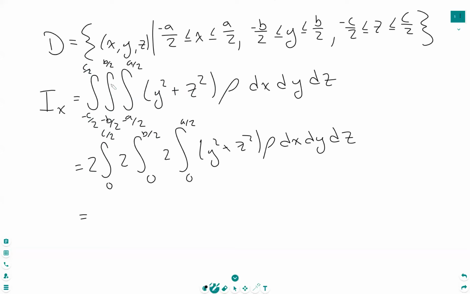Likewise in the y direction, since this is the same across y equals 0, I'm going to go from 0 to b over 2 and double that. And the same thing in the x direction. You can brute force this, that's fine, but I like having zeros here.